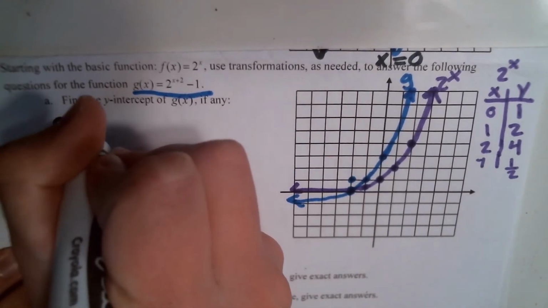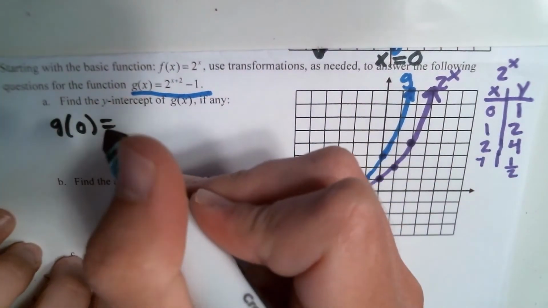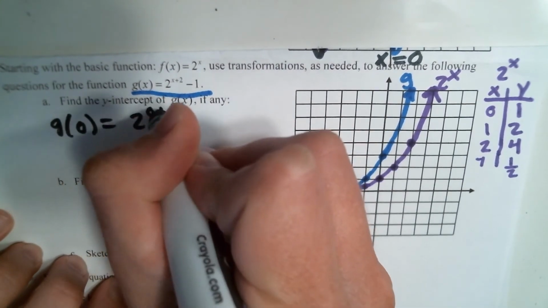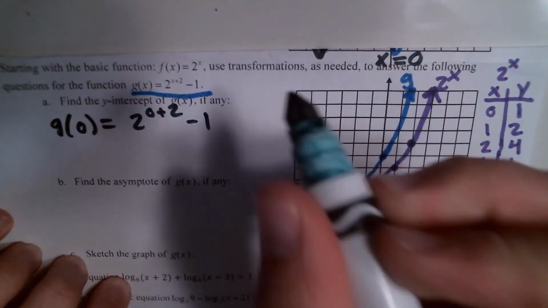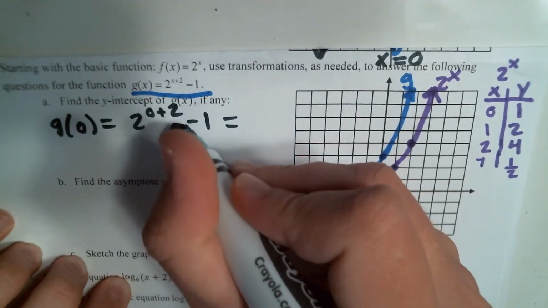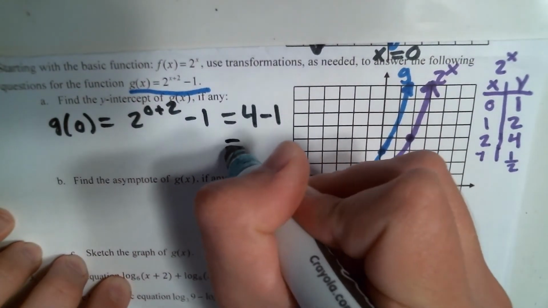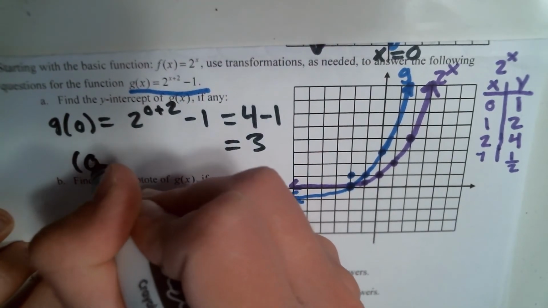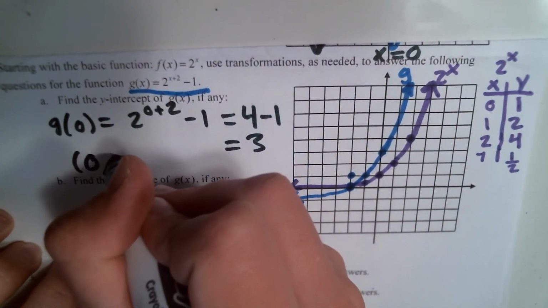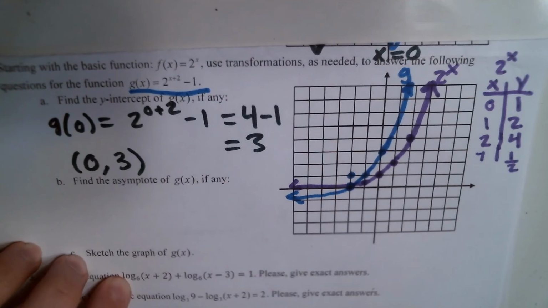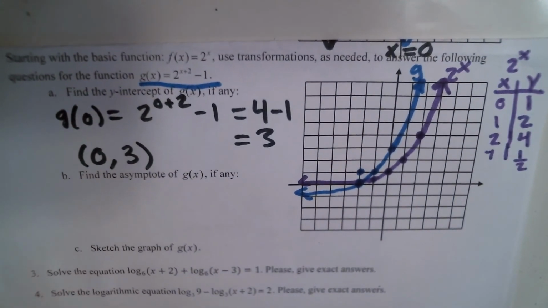So g of 0 is 2 to the 0 plus 2 minus 1, right? So we get 2 squared is 4, minus 1 is 3. So again, the y-intercept here is (0, 3).